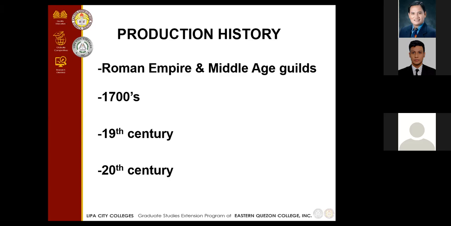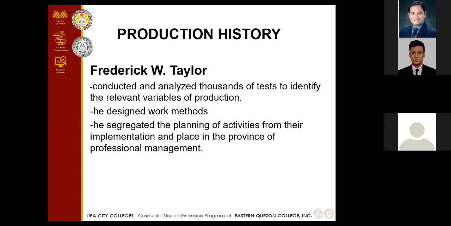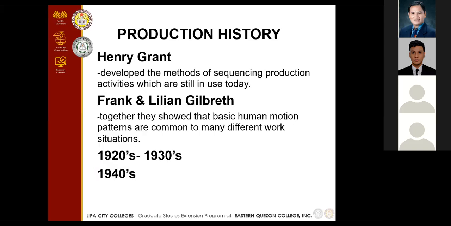So doon na nag-start sina Frederick Taylor. He conducted and analyzed thousands of tests to identify the relevant variables of production. He also designed the work methods, and he segregated the planning of activities from their implementation in the province of professional management.